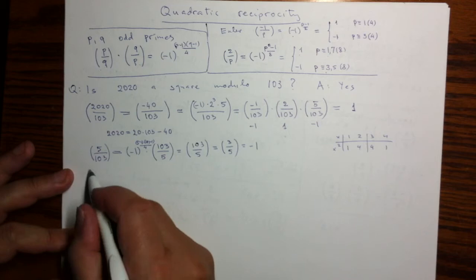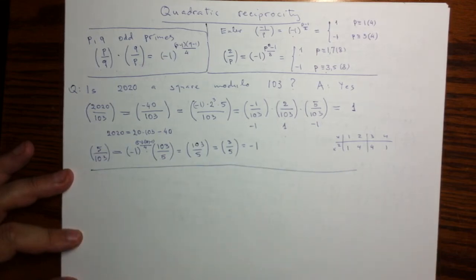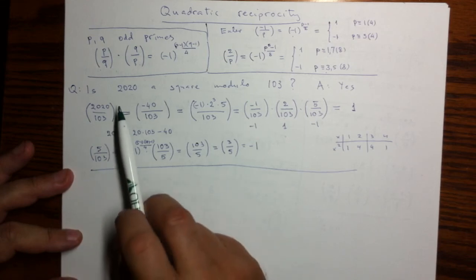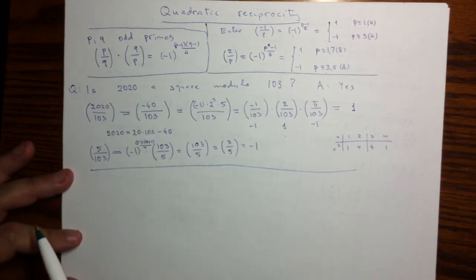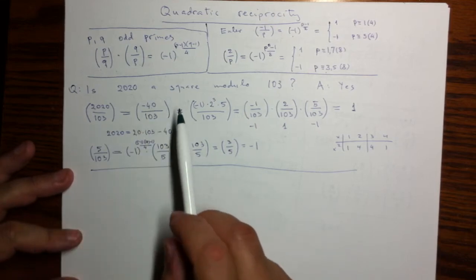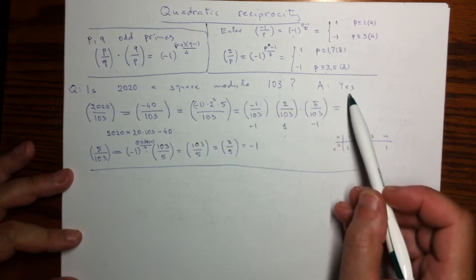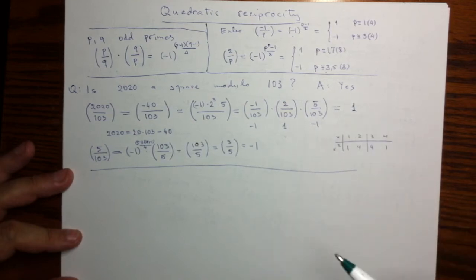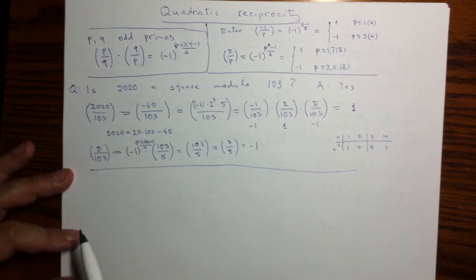So in the remaining part of this, let's look at why we could be interested in such a question, and maybe go deeper. So here we only have an answer that it is possible to write 2020 as a square modulo 103.